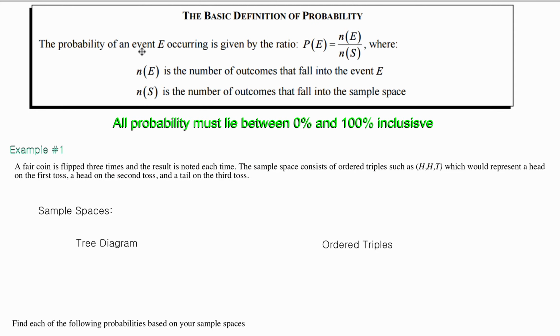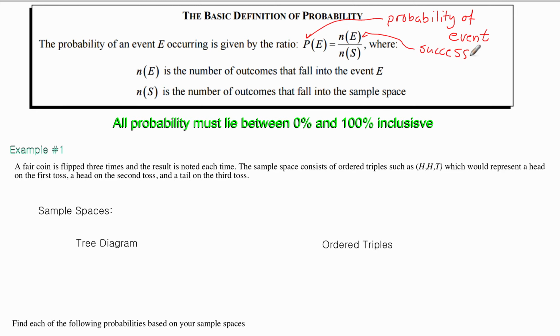So the probability of an event E occurring is given by the ratio, and here, this is fancy terminology for the probability of an event is defined by a fraction, where n of E is the number of outcomes that fall into event E. So in other words, I call these successes.